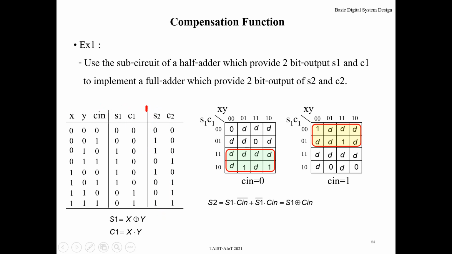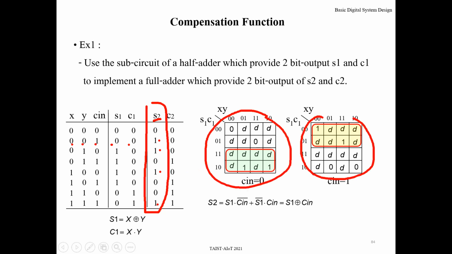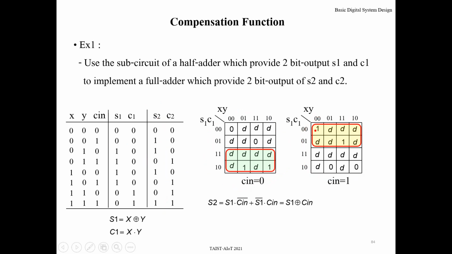So let's consider this one. The output S2 will be 1 when your input X, Y, carry in, S1, C1 is 0, 0, 1, 0, 0. Five variables. If you use a K-map, you draw a set of 4 by 4 K-maps.